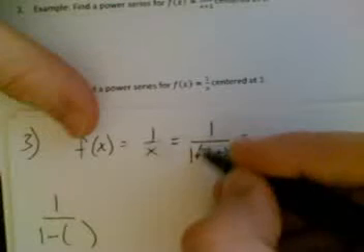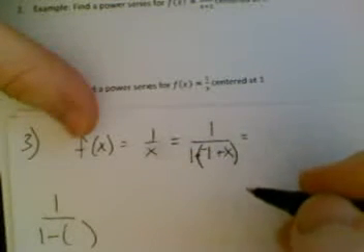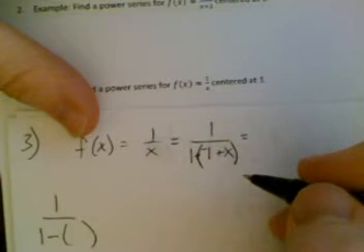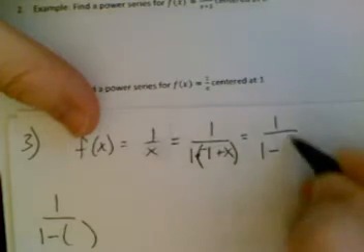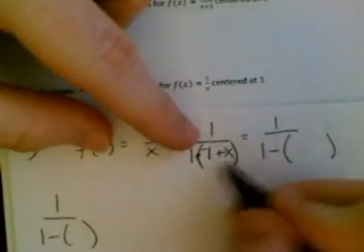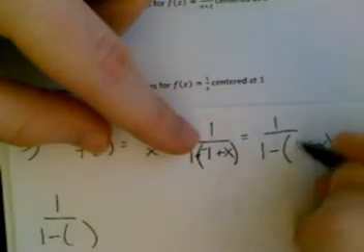So what if I just threw parentheses around this stuff here, and maybe factored out a negative 1? If I factor out a negative 1, then I have 1 over 1 minus a bunch of stuff where these are now different values. The x being the negative value now, and the 1 being positive.